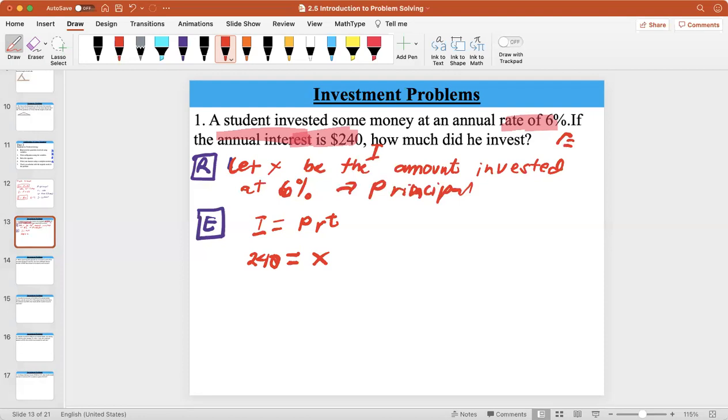It would be 0.06. You move the decimal point two places to the left. So that's the rate, 0.06, times your time. It's annual, so that means it's equal to 1.